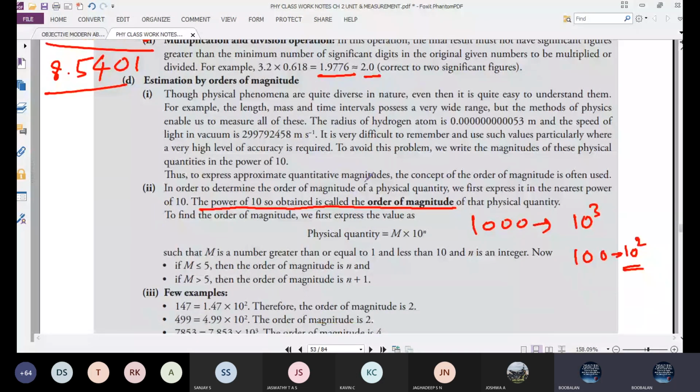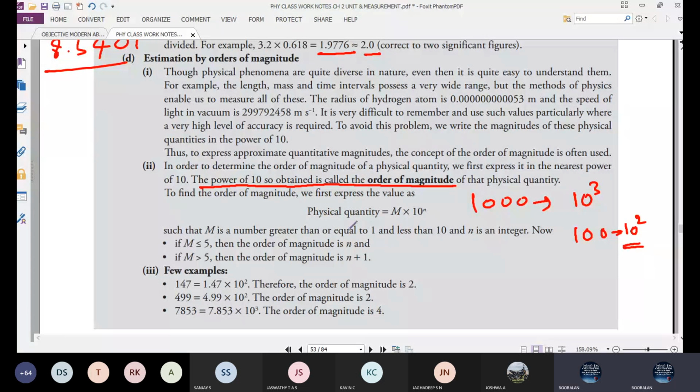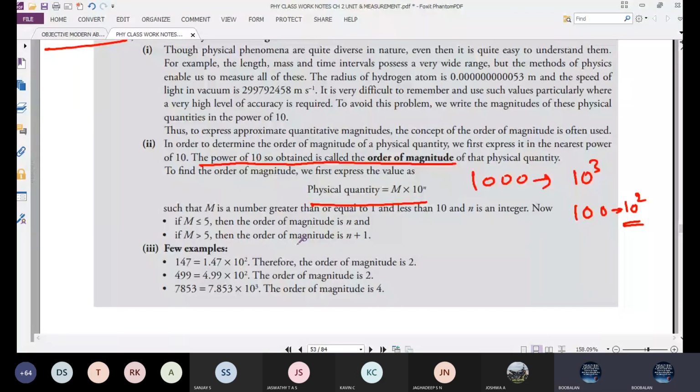Formula, please note it: M into 10 power n. Example: 147 is 1.47 into 10 power 2. So what is the order of magnitude? It is 2.